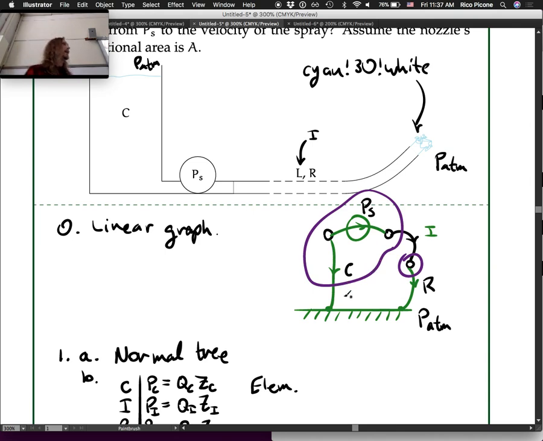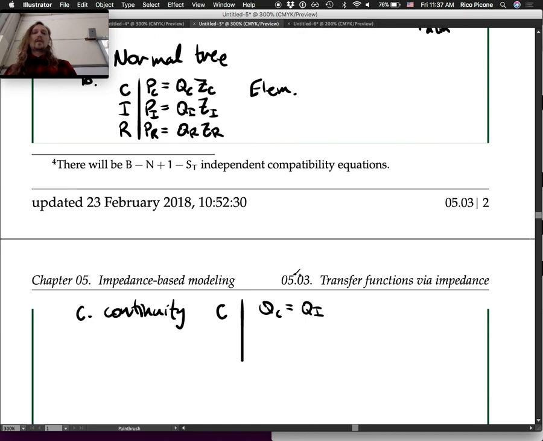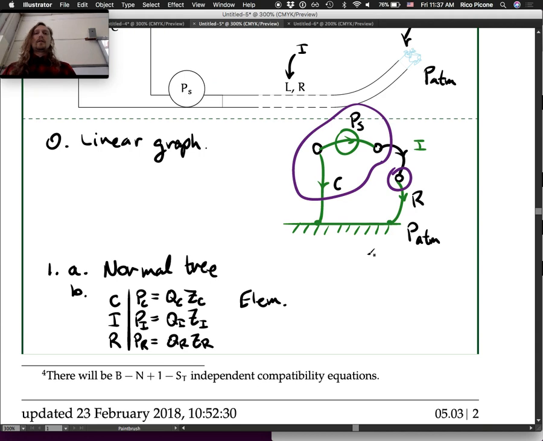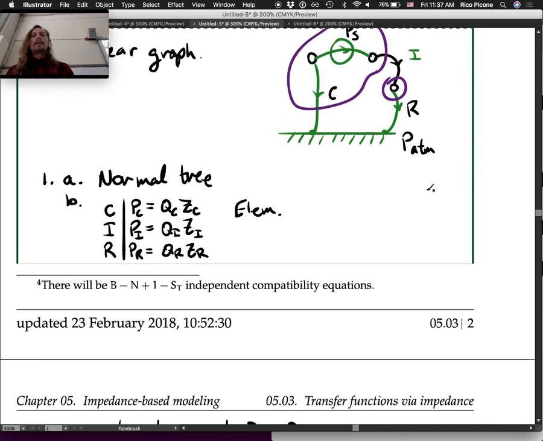Is there a sign there? Let's see. They're both leaving the contour, so they have to have opposite sign, right? So QC equals negative QI, or negative QC equals QI, same thing. And then R, we have essentially just a node to look at, and we see that QR is equal to QI, right?